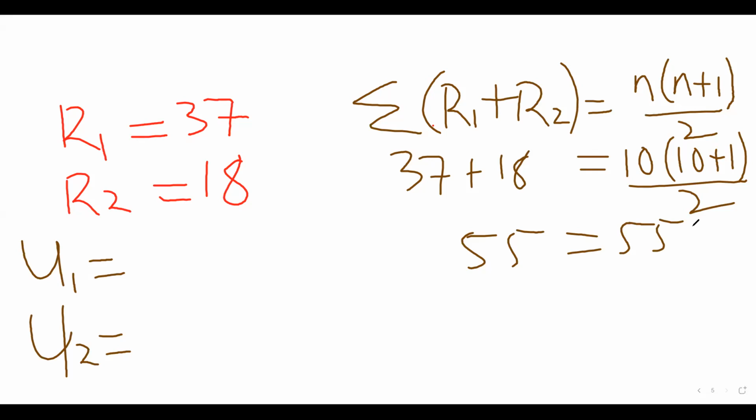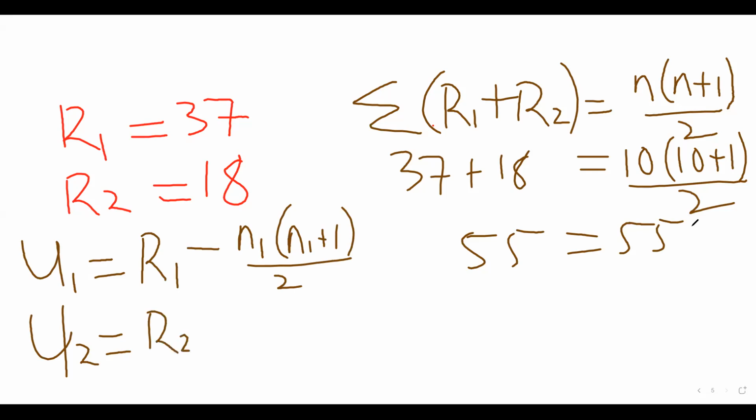How do you calculate it? It's very simple. Take the first rank R1 and subtract from it N1 into bracket N1 plus 1, divided by 2. The second one will also be R2 minus N2 into bracket N2 plus 1, all divided by 2.